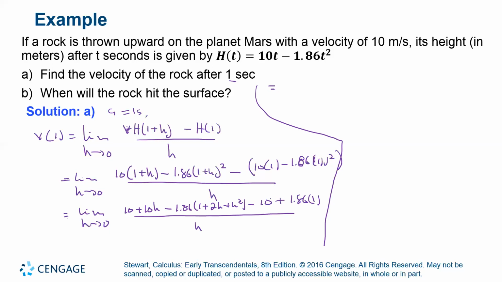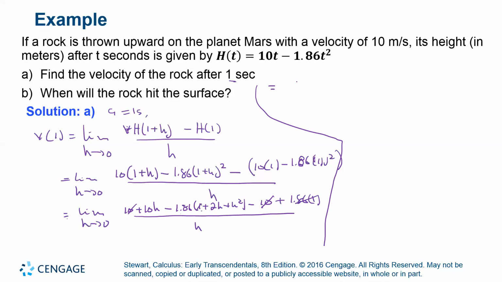Then this is equal to, now you see that the 10 will cancel out, and then 10h is going to be there. And then you see that it is minus 1.86 times 1 and plus 1.86 times 1, and so this part will go away.